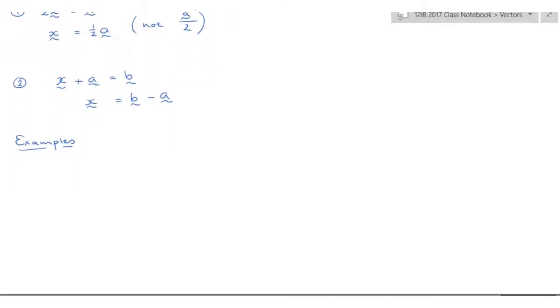I think most of this you guys will cope pretty well with. But let's say we have vector A, and this is -2, 3, -1, and we want to find the magnitude of 2A.